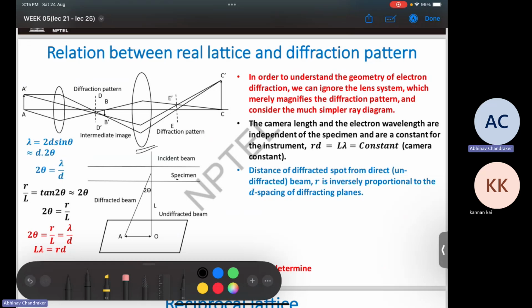the electron beam is coming from the specimen, it is taking some path and then reaching the screen.